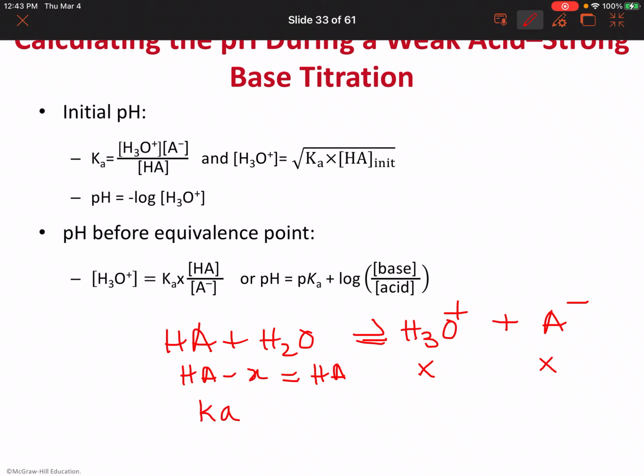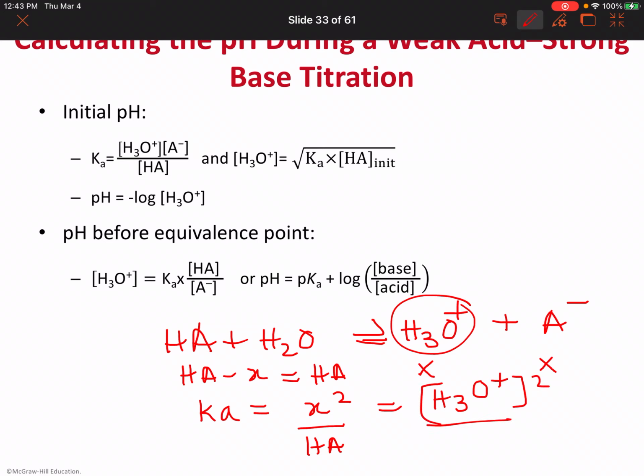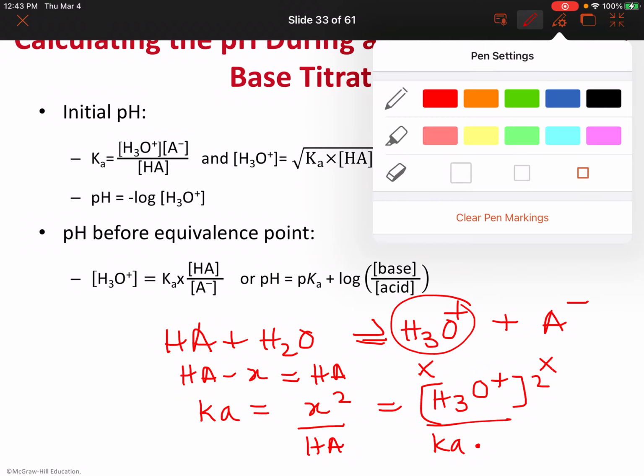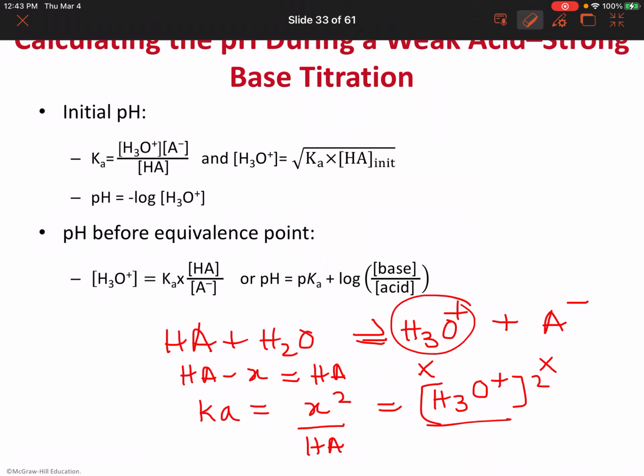So Ka was given by X squared over HA, right? X squared can be written as the hydronium ion concentration, H3O plus, squared over HA.